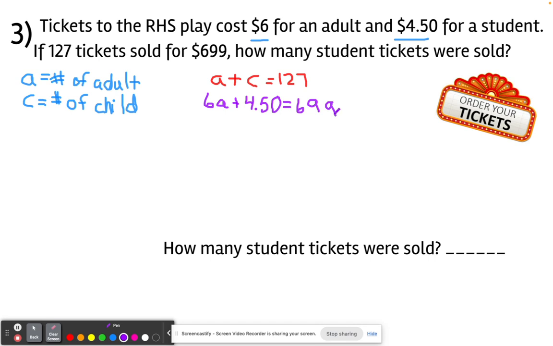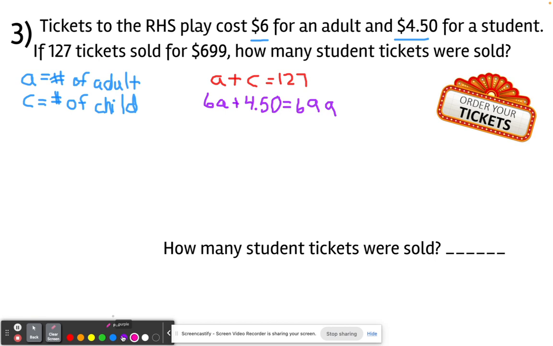Again, I can think about what's the best way to do this. They are written in standard form, so my inclination is to use elimination. To eliminate, I could try to eliminate my A's, or I could try to eliminate my C's. I forgot to write my C here.